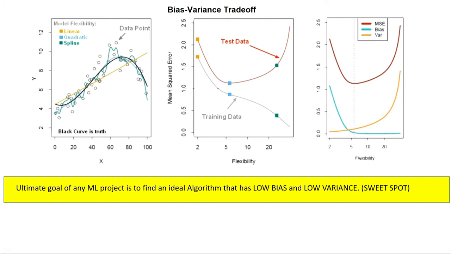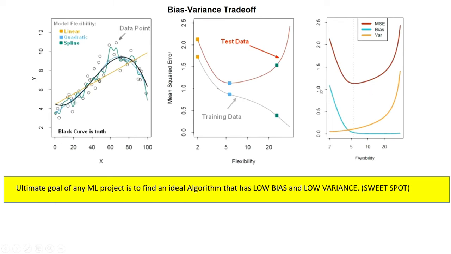You can clearly see that after this point on the line, there is a sharp increase in the test mean squared error, and also a sharp increase in the variance, but the bias decreases as the flexibility of our model increases. So we don't want this situation where the bias is very low and the variance is high, because it doesn't perform on unseen data.